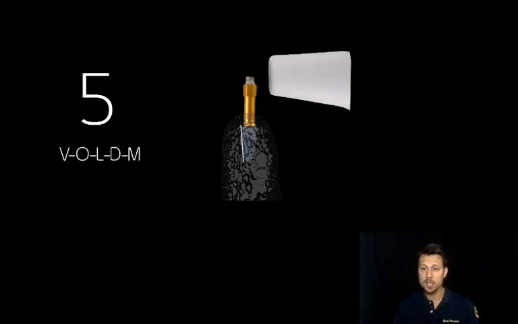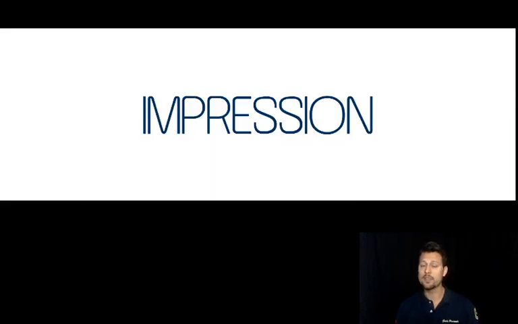And that's why we suggest taking not less than 5 measurements with what we call the Voldemort technique for the Harry Potter 5. That means vestibular, occlusal, lingual, distal, and mesial. And if we talk about the upper arch, for sure we also take the palate. It takes just 1 minute. So if the number is up to 72, we are ready to take our impression.